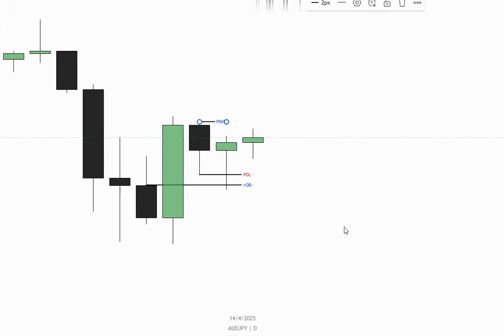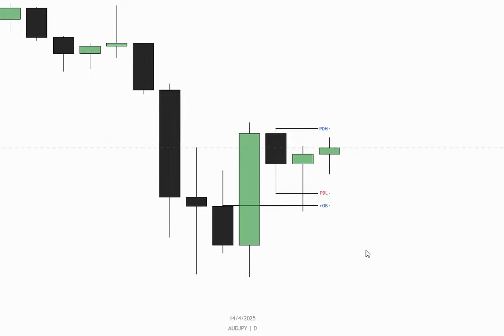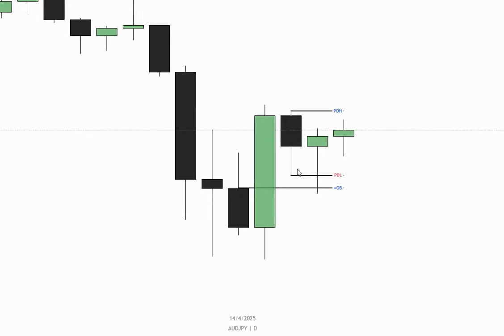This is one of the simplest ways that you can determine where price is likely to gravitate to. So having this, remember this is a daily chart, so you've seen this day has manipulated the previous day and it has tagged a key level.